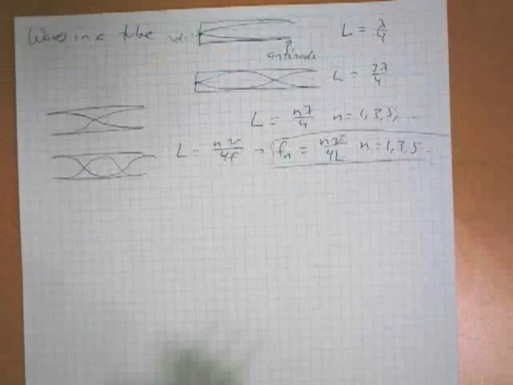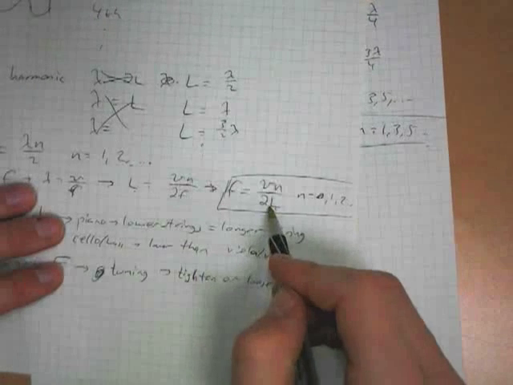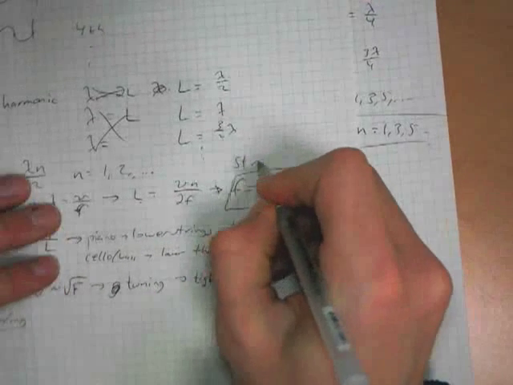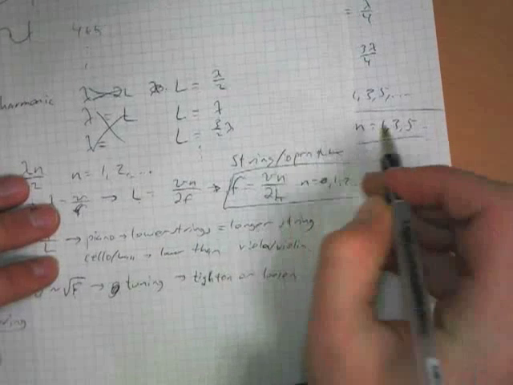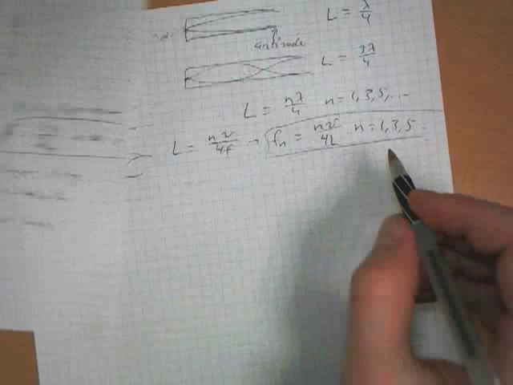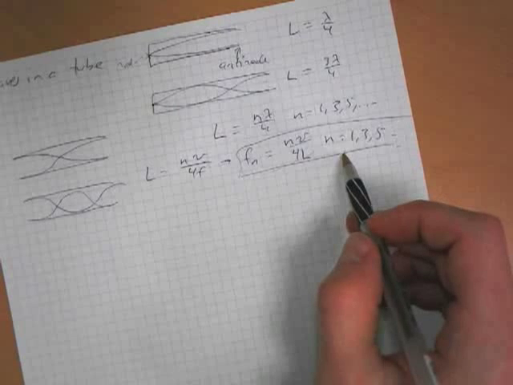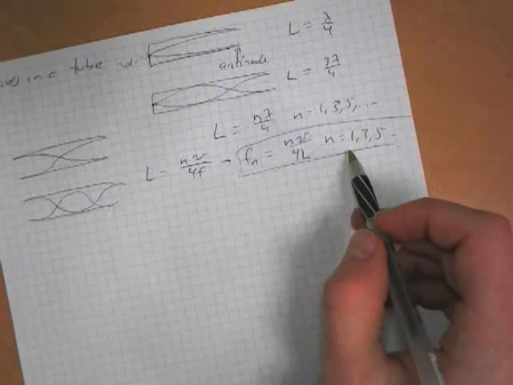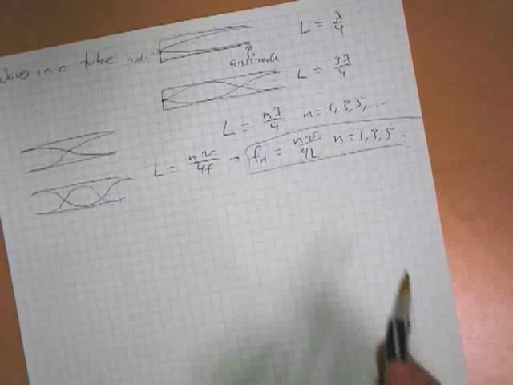So this result we got for a string is also the case for an open tube, a tube that's open at both ends. Whereas this case where only the odd harmonics exist is the case for a tube that is closed at both ends. Or, sorry, closed at one end.